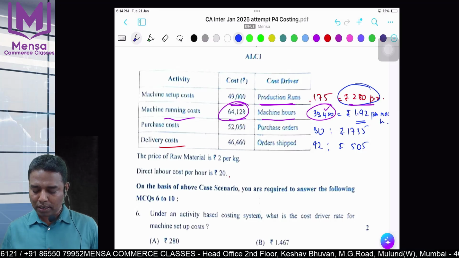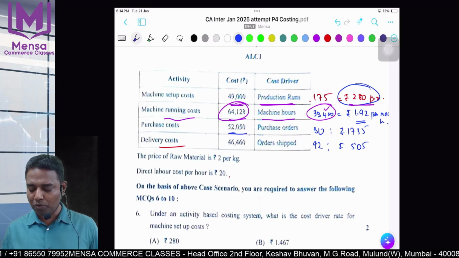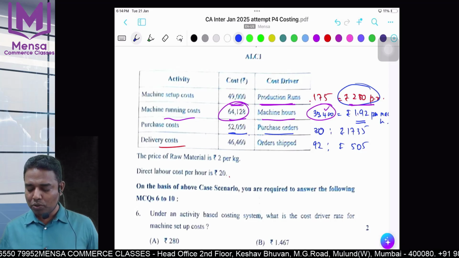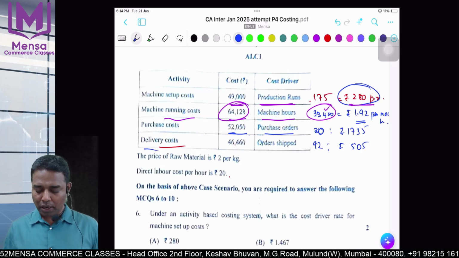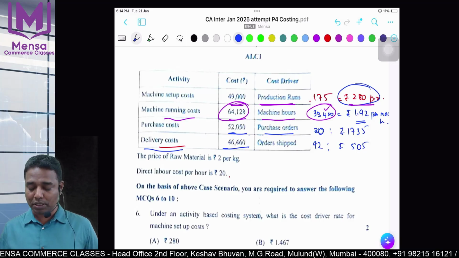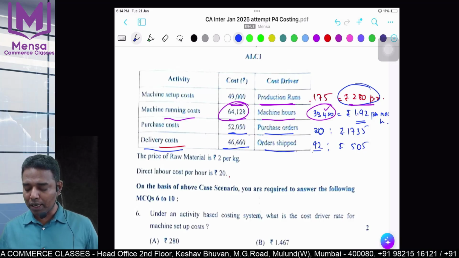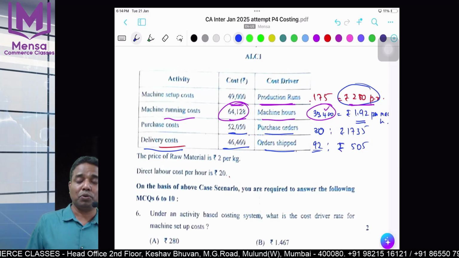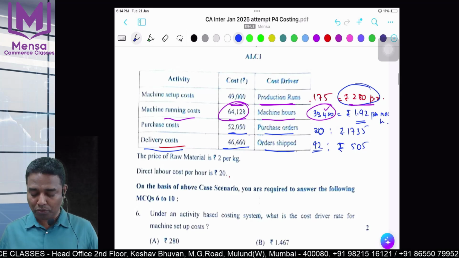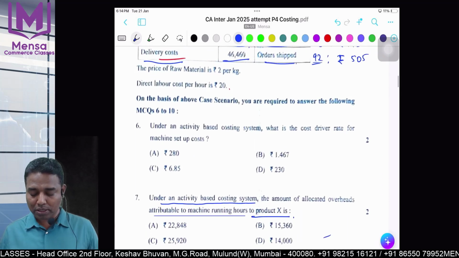The next is purchase cost 52,050 based on purchase orders. Total are 30 orders. So 52,050 divided by 30 is 1,735. And delivery cost is 46,460 based on orders shipped, 92 orders shipped. So per order comes to 46,460 divided by 92, 505. Now it should be faster to answer.